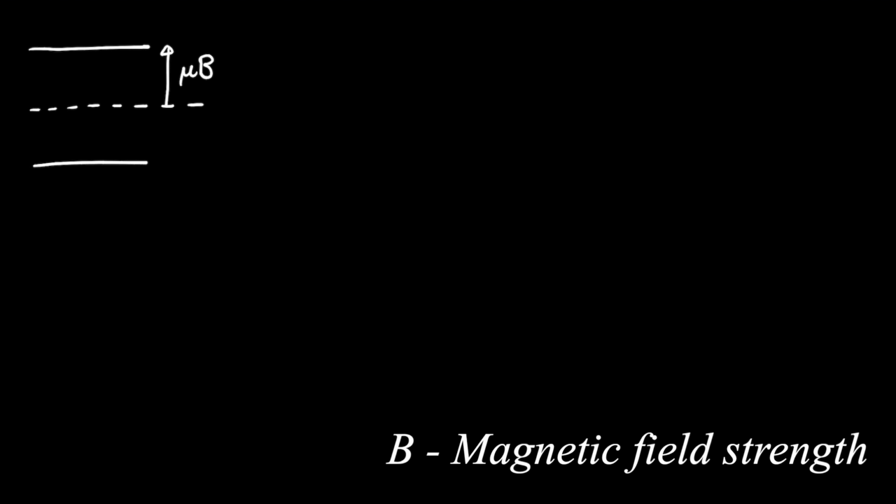And B, you probably do know this, is just the magnetic field that is applied. It's sometimes called the magnetic induction, but I'm just going to call it the magnetic field for now. So this right here is a new energy state that has been formed by the applied magnetic field.